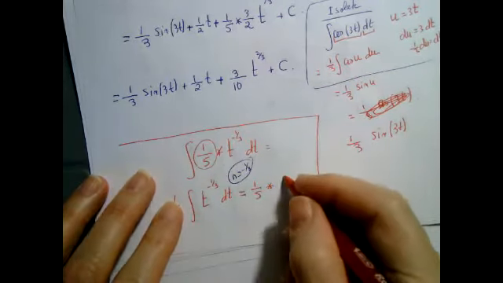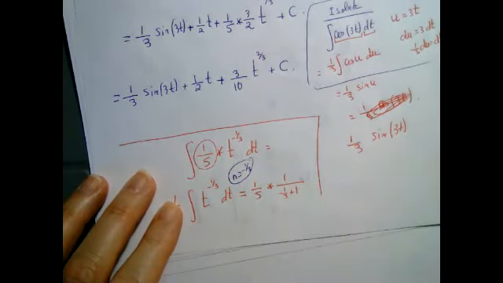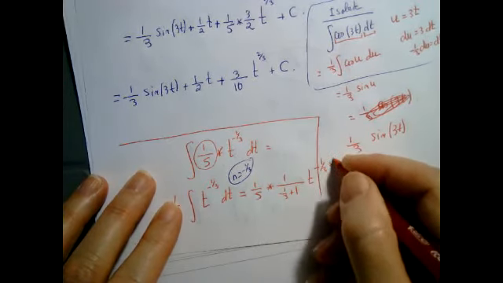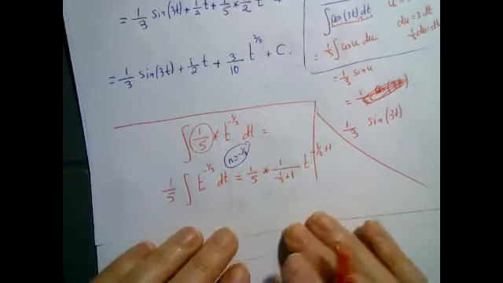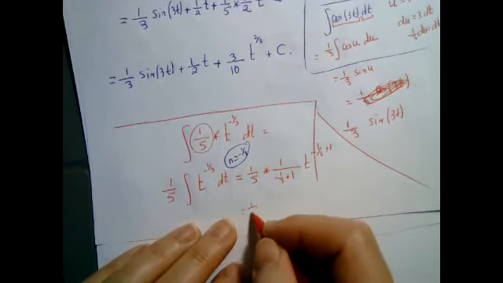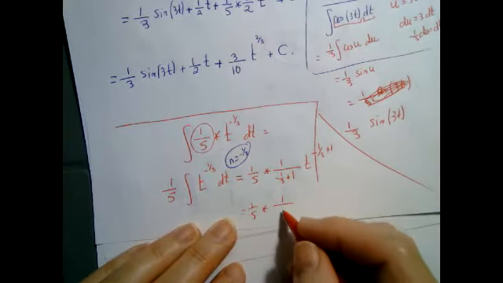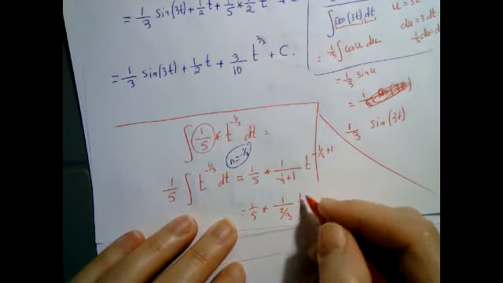That will give me 1 over minus a third plus 1, t to the minus a third plus 1.